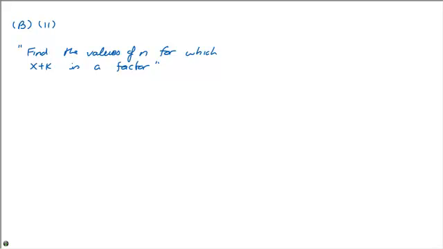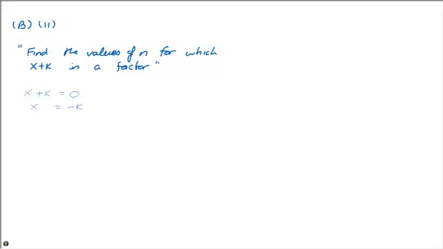That gives us some direction. It tells us that our answer should be in the form n equals something, and maybe several somethings, and we know it's several somethings because it's values of n, and we know that we have a starting point. It tells us that x plus k is a factor, which means x is equal to minus k. And that when I sub that in, I'll get 0.